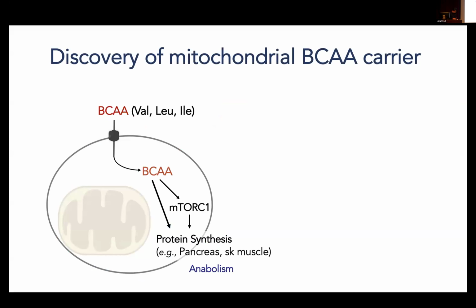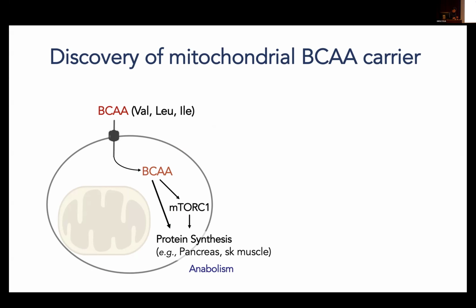One of the earlier successes using brown fat as a tool was the discovery of the mitochondrial BCAA carrier, for branched-chain amino acids. An essential amino acid means that every single cell needs BCAA for protein synthesis. That anabolic reaction occurs in every cell, in the cytosol. BCAA get into the cytosol, and particularly leucine activates mTOR and induces protein synthesis.